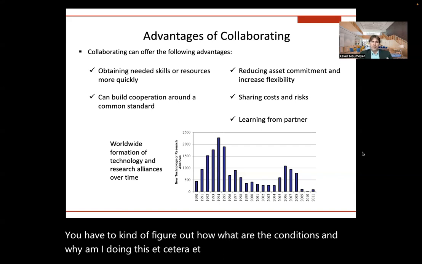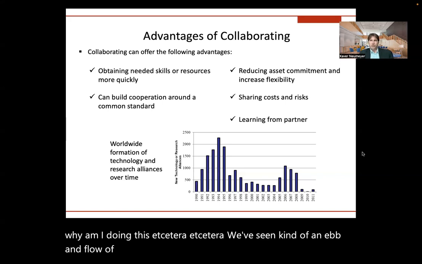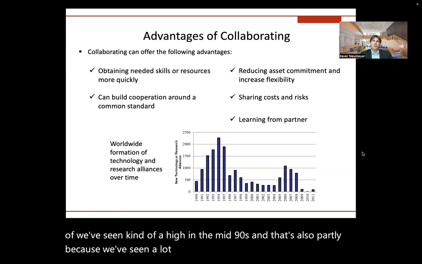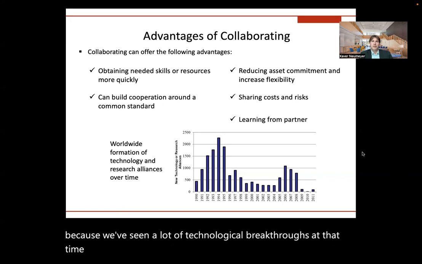We've seen an ebb and flow of alliances, technology and research alliances. We've seen a height in the mid-90s. And that's also partly because we've seen a lot of technological breakthroughs at that time, the internet being one of them.